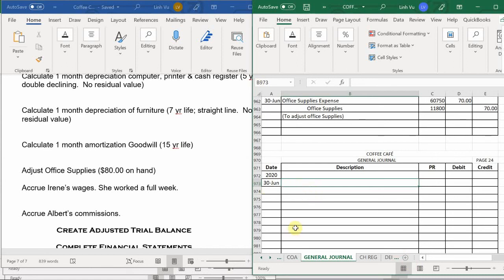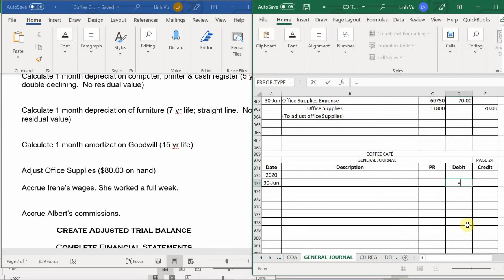So what's 5 times 8 hours times the rate? Is she working 5 days a week? Well, in this case, she worked on Friday through Tuesday.